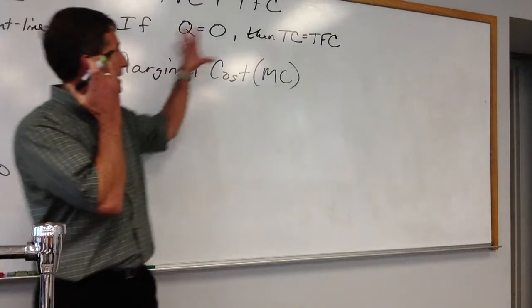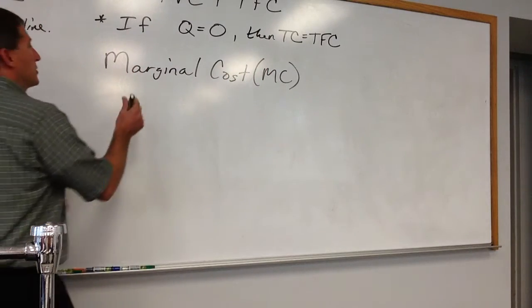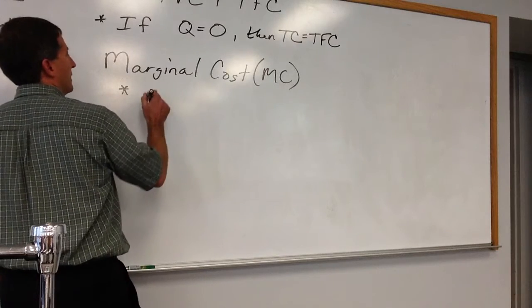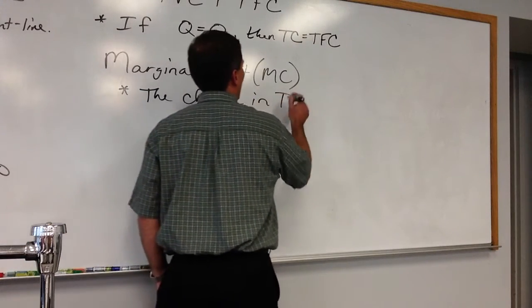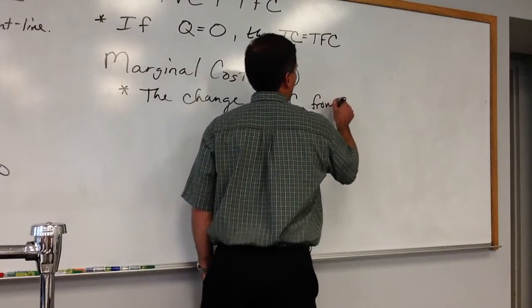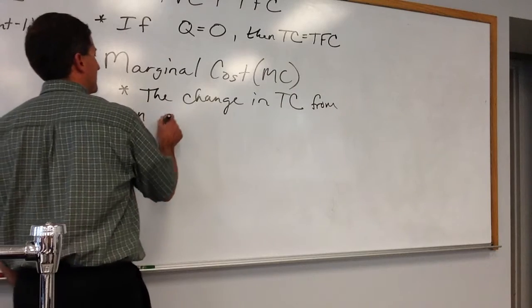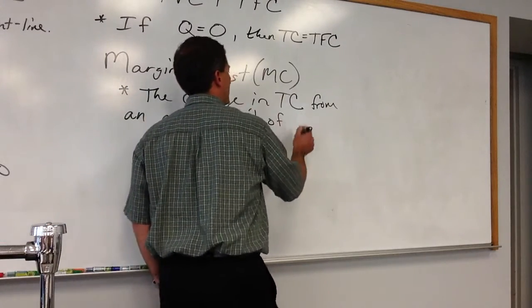So here I want to tighten that up as it relates to the company. And so marginal cost is the change in total cost from an additional unit of production.